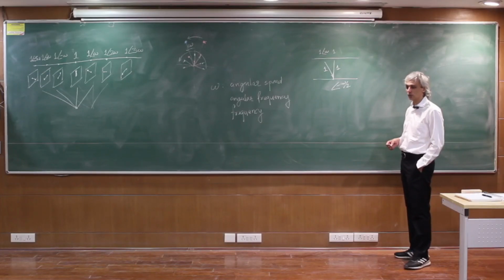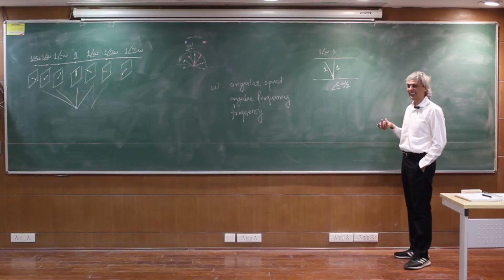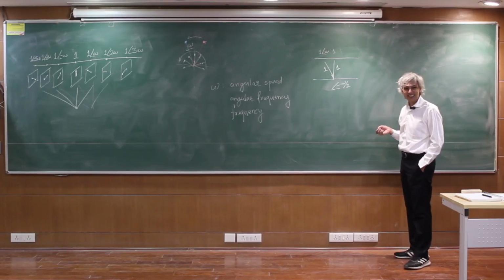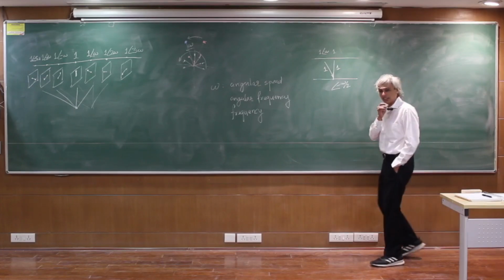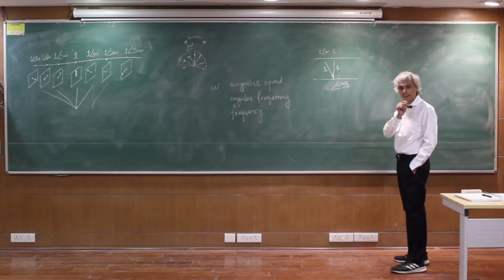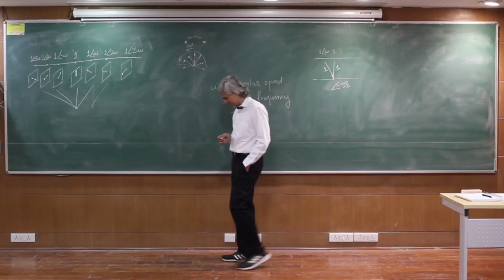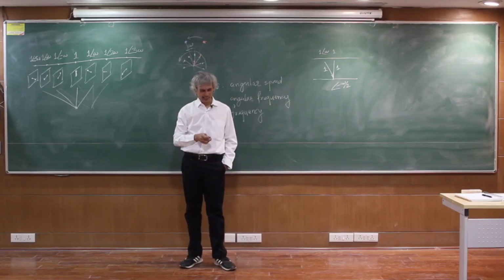Root 2? It's not root 2. Omega is not 90 degrees. It is root 2 only if omega is 90 degrees. Cos omega plus sin omega? Something like that. I think it is 1 plus cos omega.